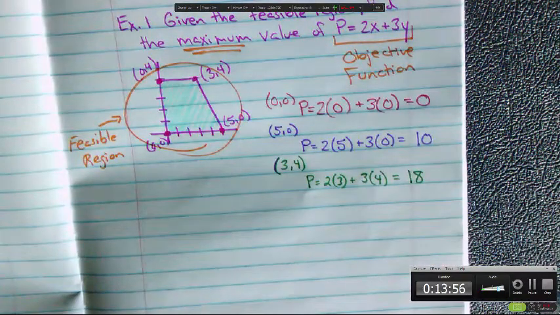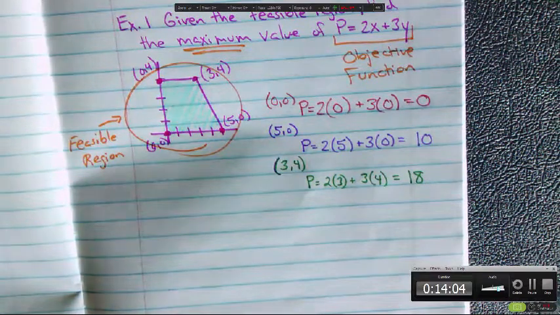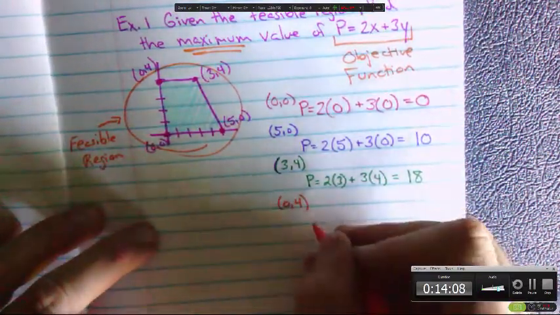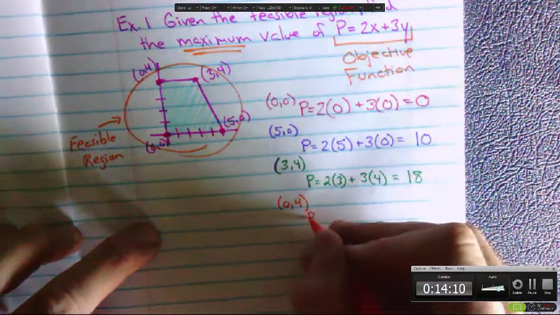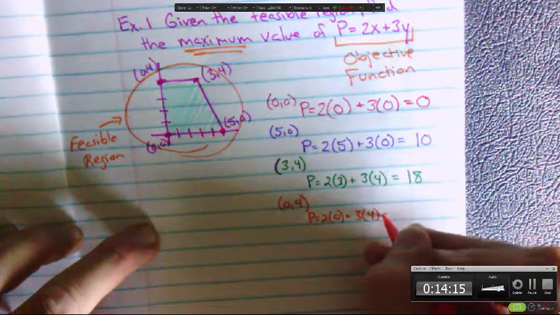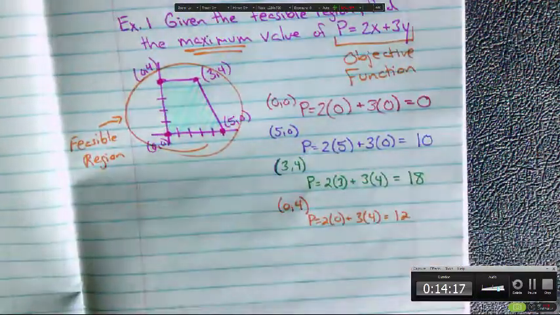That's 18. And then the last ordered pair that could be an answer is 0, 4. And it'd be 2 times 0 plus 3 times 4, which is 12.